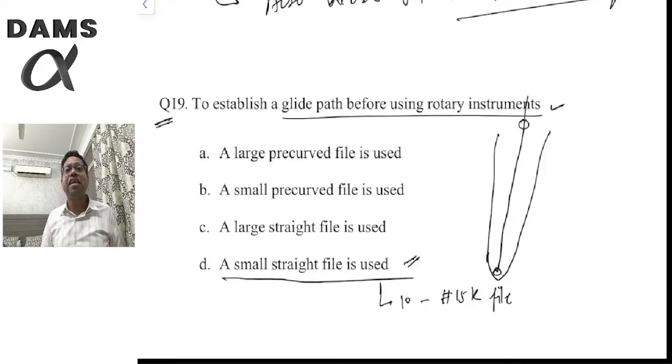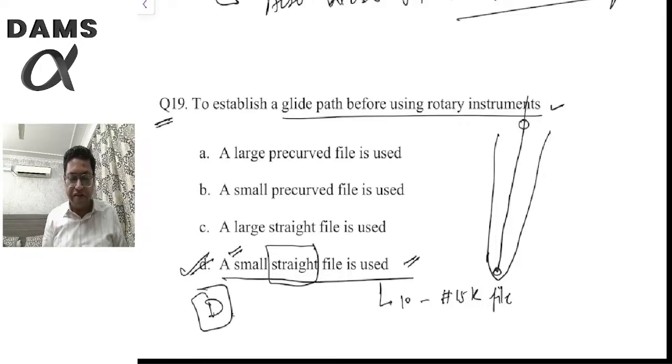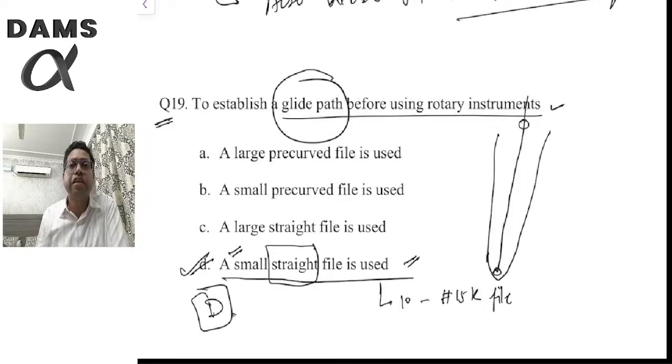But for forming a glide path so that the rotary instrument goes smoothly to the apical terminus, we use a straight small file, not a pre-curved file. Option D would be the answer for glide path preparation. It is not for the initial negotiation or scouting of the root canals. It is for the glide path, a smooth and straight path for a rotary file to be used subsequently.